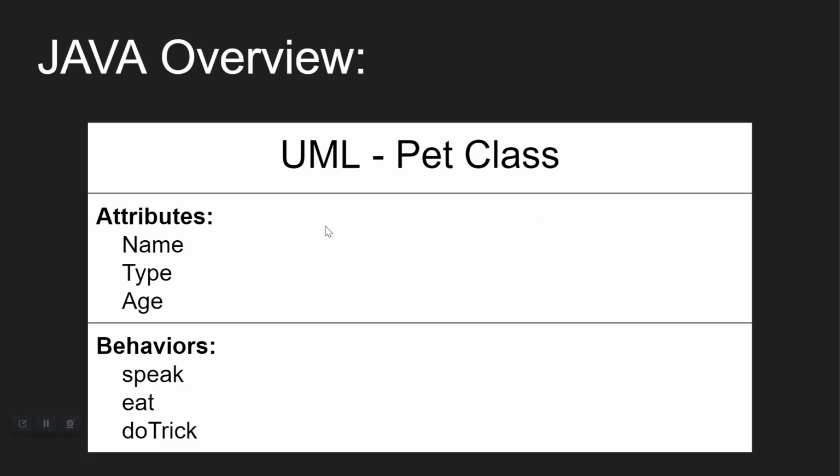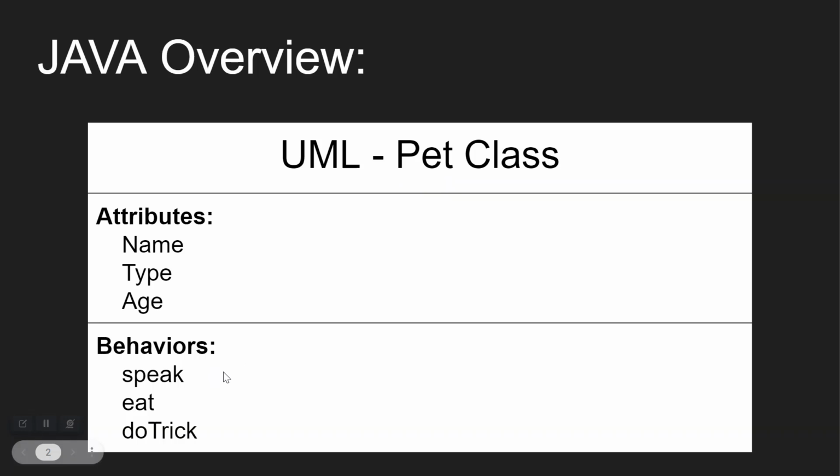This UML diagram will outline our pet class. What this tells us is every single pet in our program will have certain attributes: a name, a type, and an age. Every pet that we create in this pet class will also have certain behaviors, which is what it's going to do.